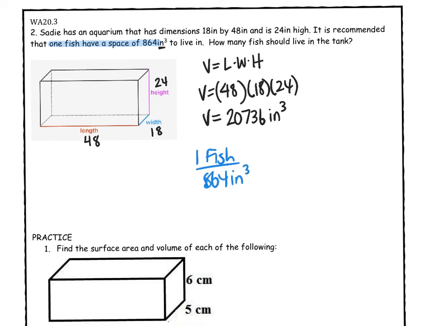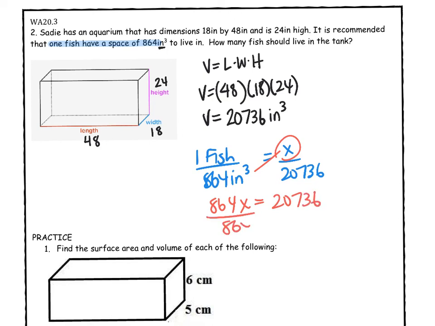How many fish can I fit in 20,736? So when I cross multiply, I get 864x equals 20,736. Divide by 864. So I can fit 24 fish in my tank.